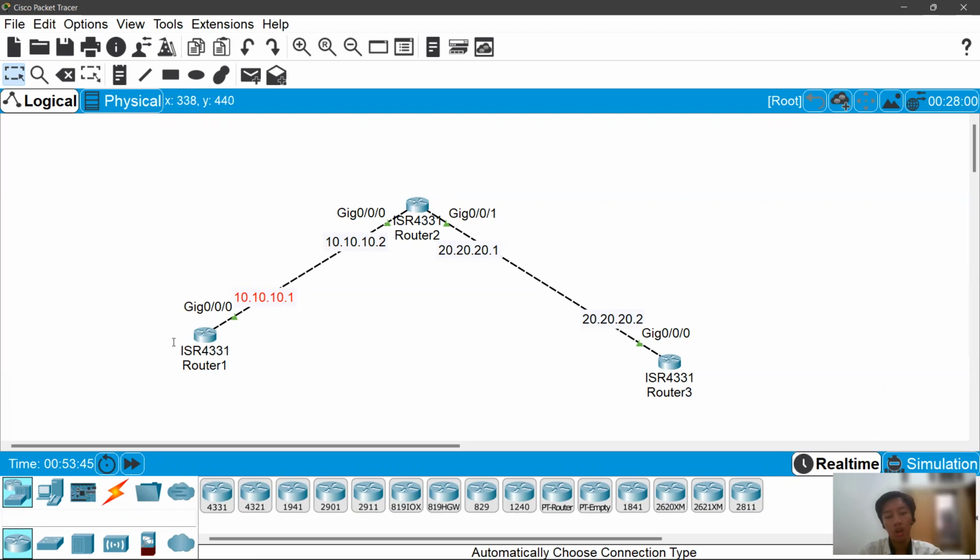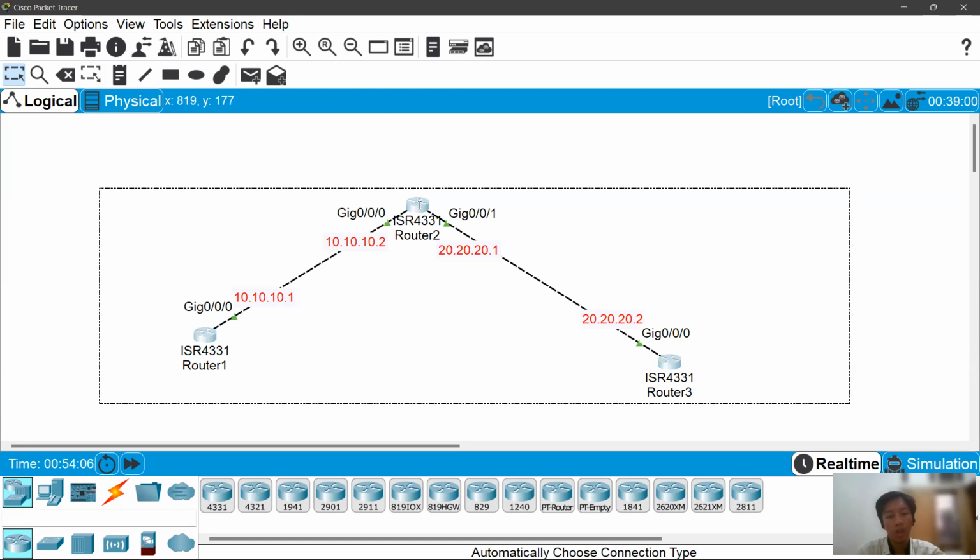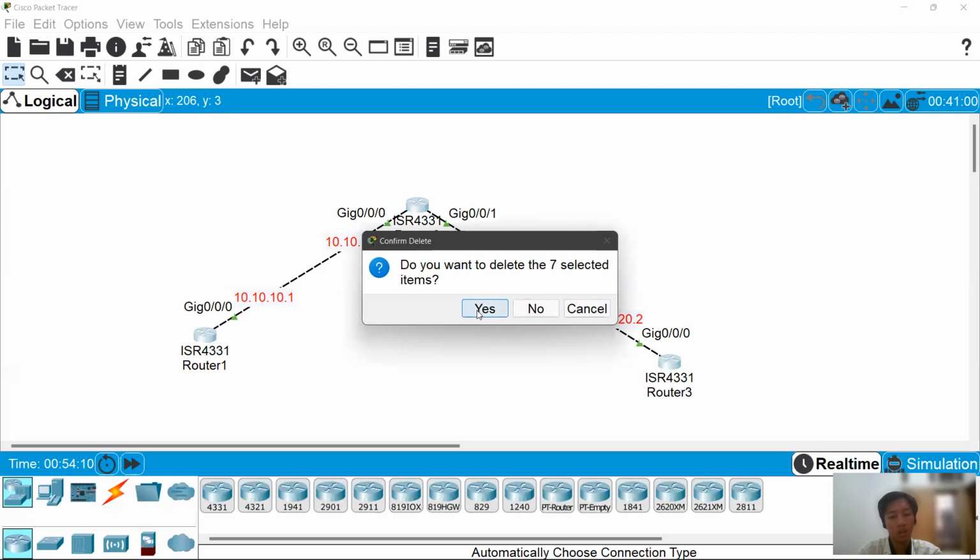But if we use routing dynamic, it's very simple, because we only configure our own router's networks. Okay, to shorten the time, let's configure routing dynamic.